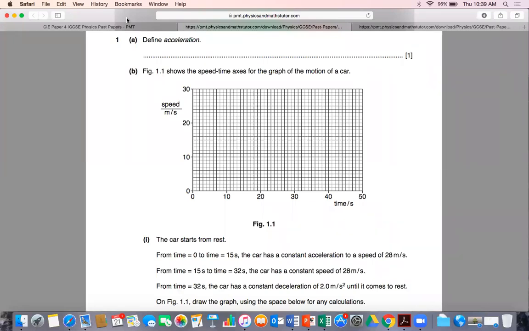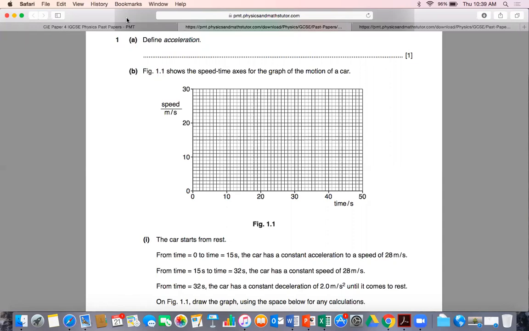The car starts from rest, and then they give you the time, and then constant acceleration and all that. So now, it's a speed time graph. So from 0 to 15 seconds, the car has a constant acceleration to a speed of 28 meters per second. What does constant acceleration mean for my graph?